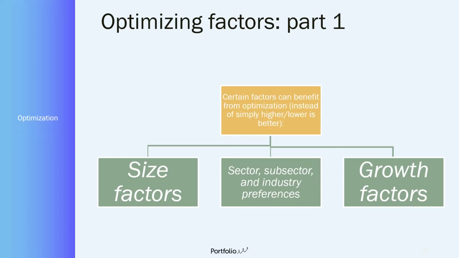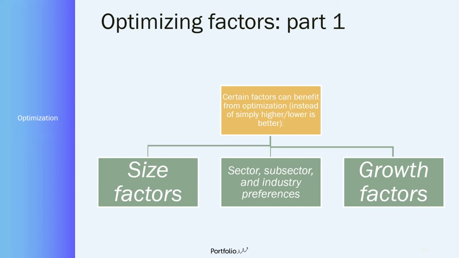And you get some stocks that really aren't as responsive as stocks that have a slightly higher market cap or a slightly higher average daily dollar volume. So that's why I take my size factors and I try to optimize them a little.